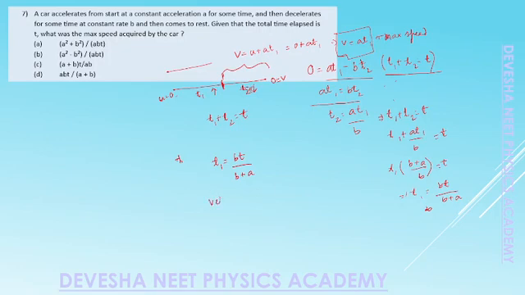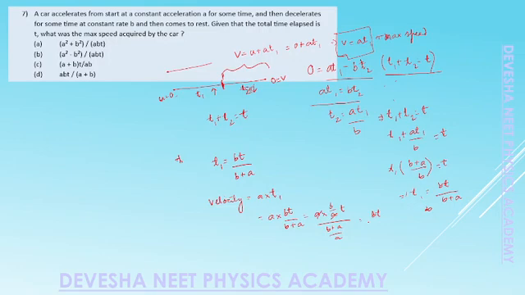Velocity is equal to a into t1, so a into b t by (b plus a).